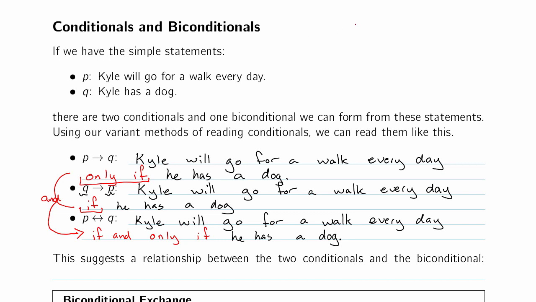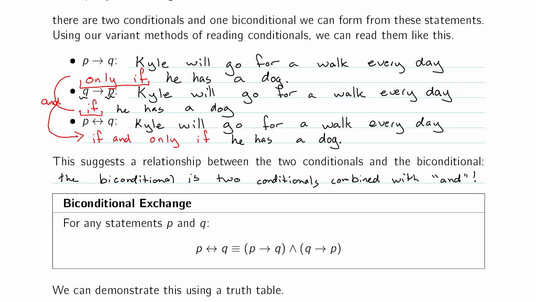The biconditional is just two conditionals combined with an and. Coincidence? No, of course not. Anytime we have a biconditional, that is equivalent to the two possible orders of conditionals with those two simple statements combined by an and.